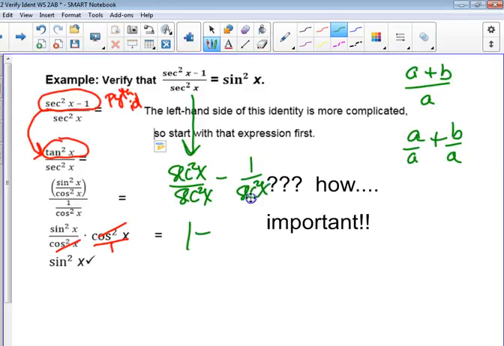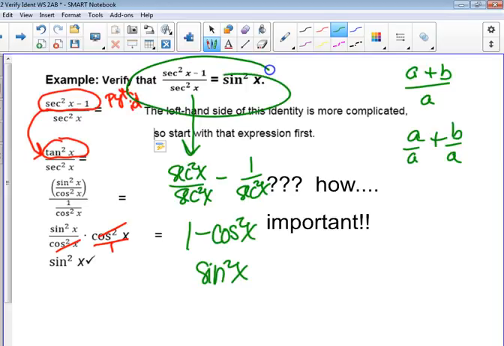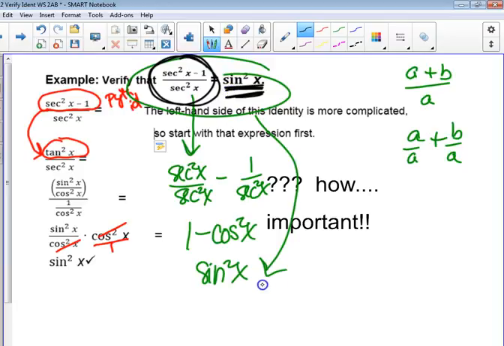What is the reciprocal of secant? No, cosine. So 1 over secant squared is the same as cosine squared, and 1 minus cosine squared is sine squared. So I'm thinking that would have been a little bit easier way to prove that one. Okay. Notice what I was doing was working with this messy left side to get it simplified down to sine of x.